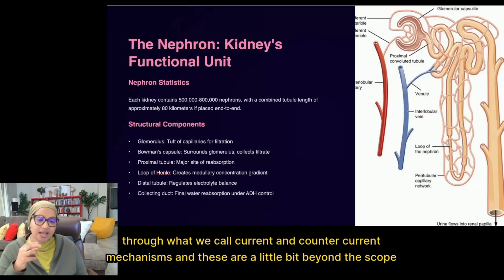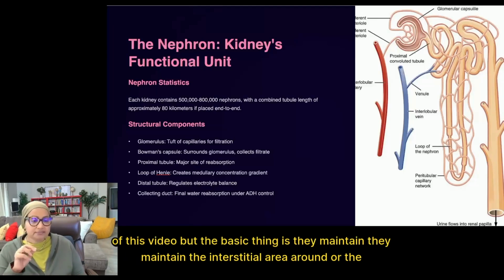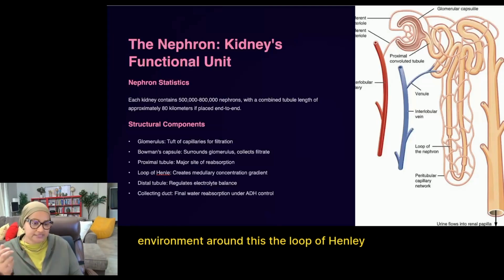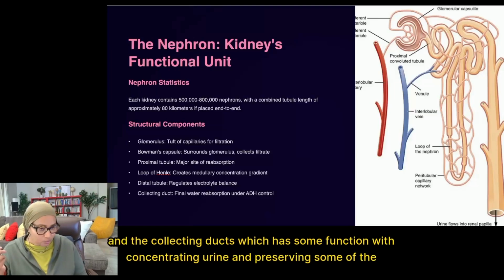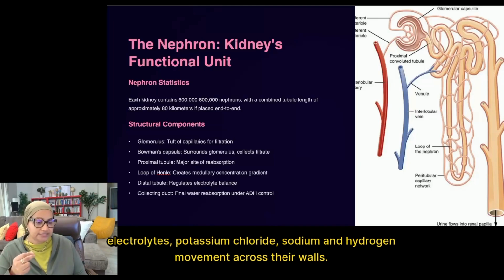These are a little bit beyond the scope of this video, but the basic thing is they maintain the interstitial area, or the environment, around the loop of Henle and the collecting ducts, which has some function in concentrating urine and preserving some of the electrolytes, potassium, chloride, sodium and hydrogen movement across their walls.